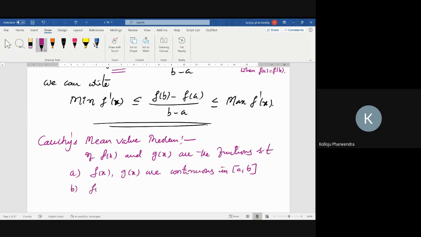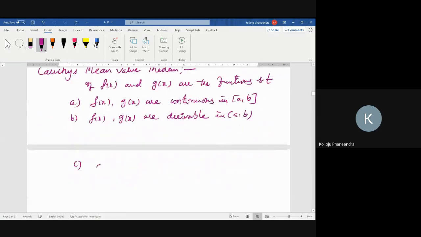Second condition, f of x and g of x are derivable in the open interval AB. And the third condition is there. What is that? G dash x is never 0 for all x belongs to open AB. There is no condition for f dash x, only g dash x.